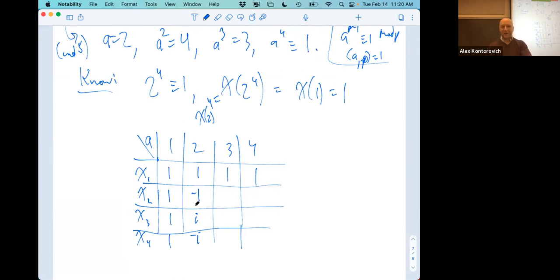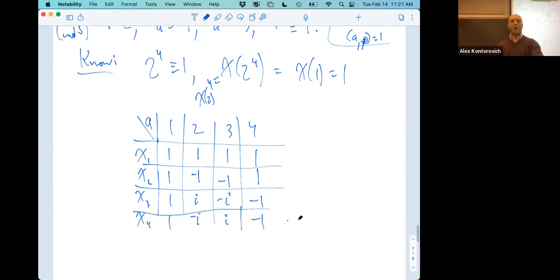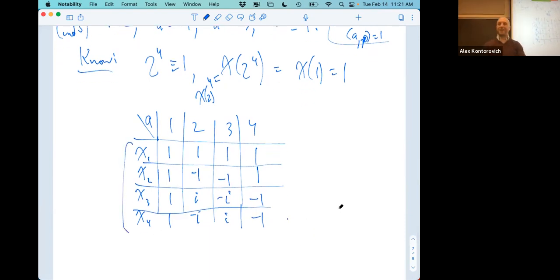Then -1 squared, i squared and -i squared. Then I want the cube, which is 3, because that'll tell me what's here. That's 4 times 2, and 4 times 2 is 3. So the character at 4 times the character at 2 gives the character at 3. So that's -1, this is -i, and this is i. Now we've worked out all 4 characters.